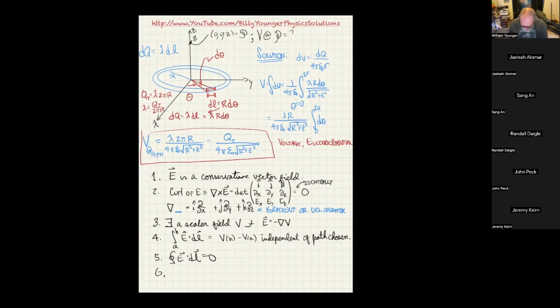So you could have, for instance, dV is technically the partial derivative of V with respect to x times dx plus the partial derivative of V with respect to y times dy plus the partial derivative of V with respect to z times dz, and that all could be set, for instance, equal to 0.